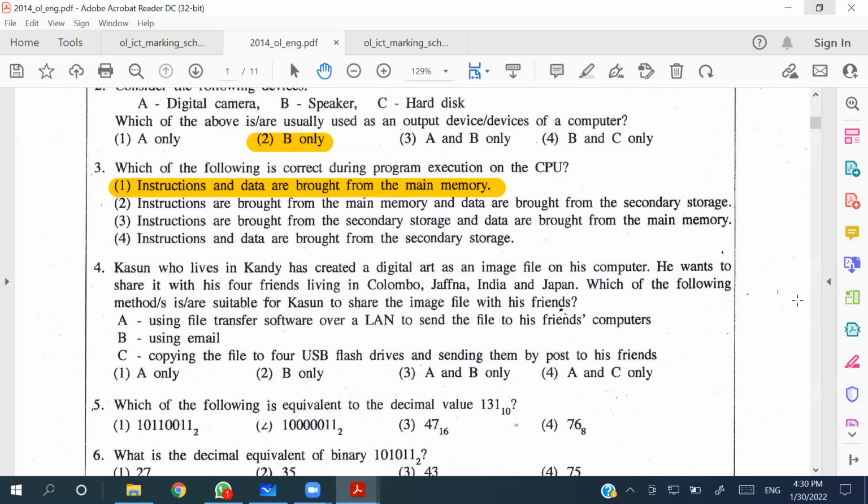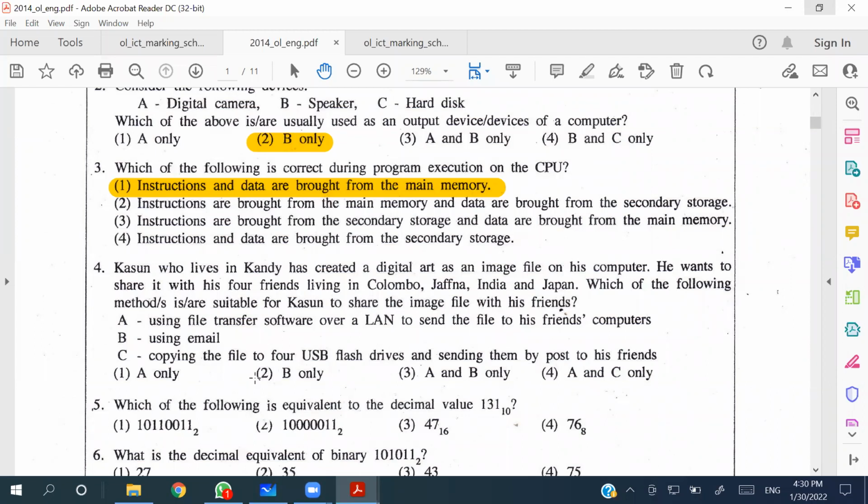Definitely not A, because it says using file transfer software over a LAN. LAN means a local area network. A local area network is very small in size, which cannot be spread over countries. So because of that, A is wrong. If A is wrong, the first, third, and fourth answers are all gone.